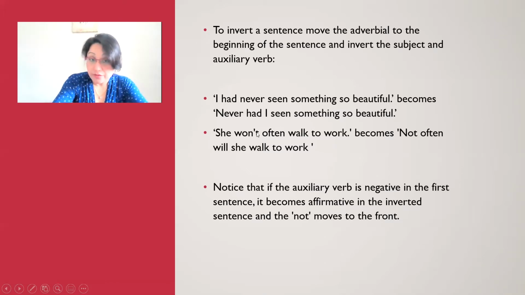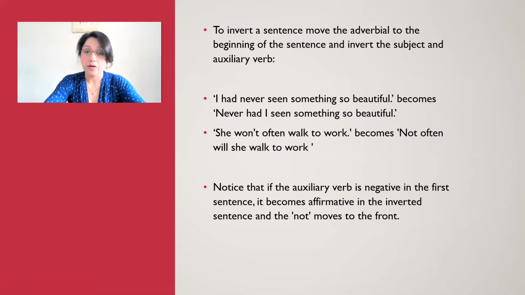The negative, the not, is moved to the start, and your won't, the negative of will, becomes positive. So: not often will she walk to work. And this is how you make it into an emphatic sentence, when you want to stress the fact that this is how it is.